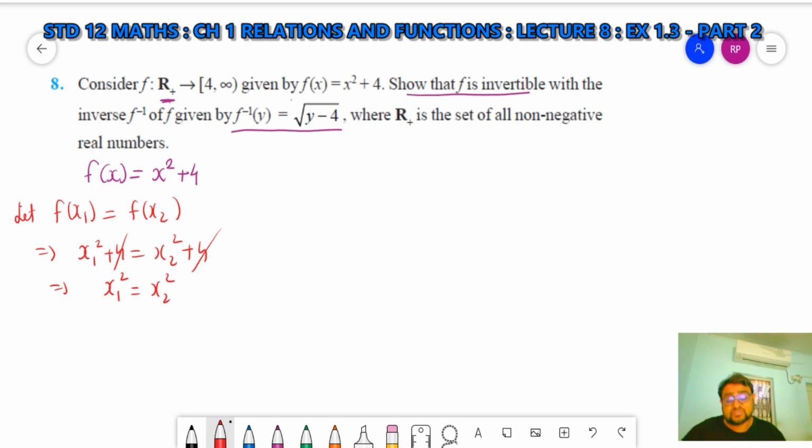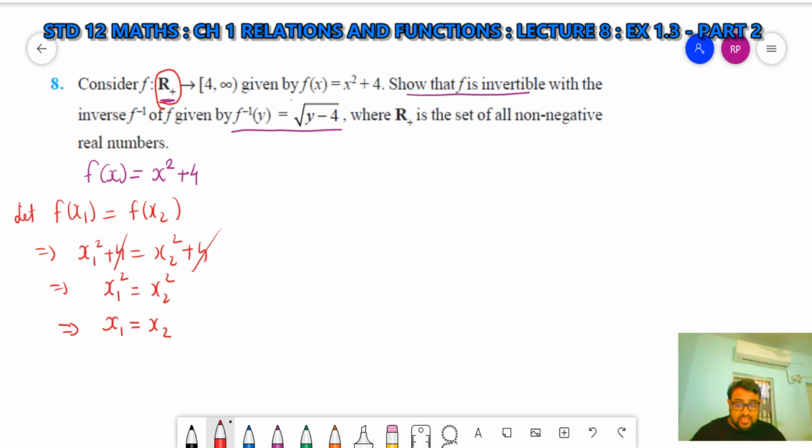So now when I take square root on both sides, we will get plus or minus. But see the domain, it's R plus. So I cannot take a negative value. I can only take a positive value. That means x1 will be equal to x2. Hence, it is 1-1.